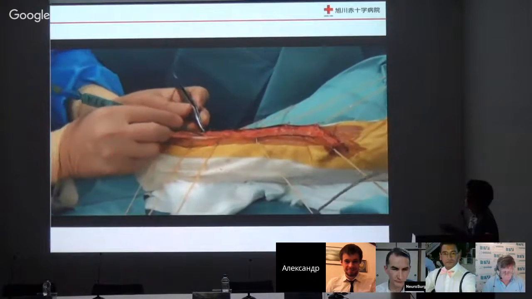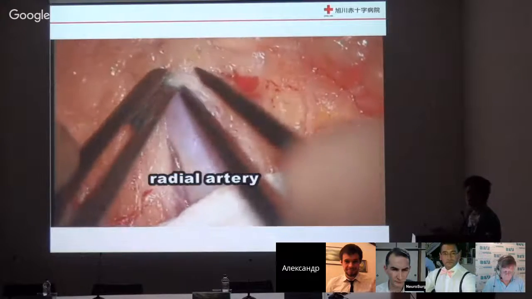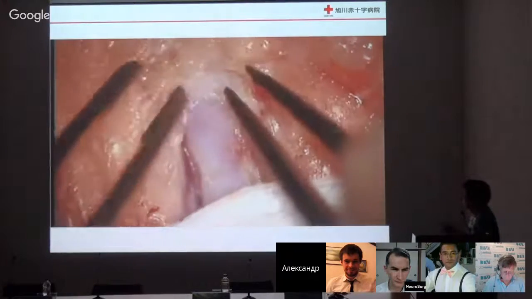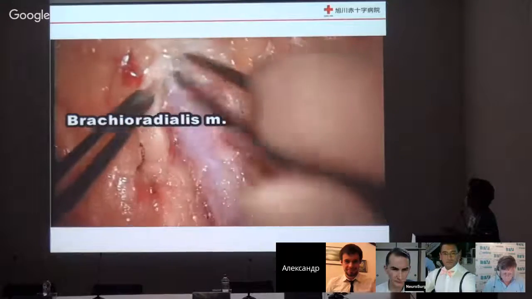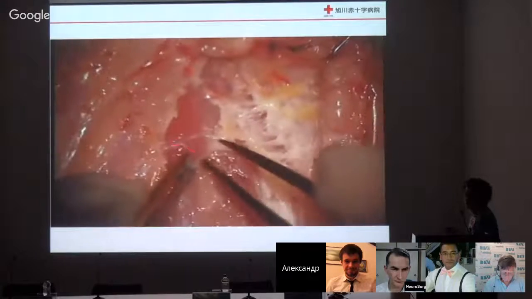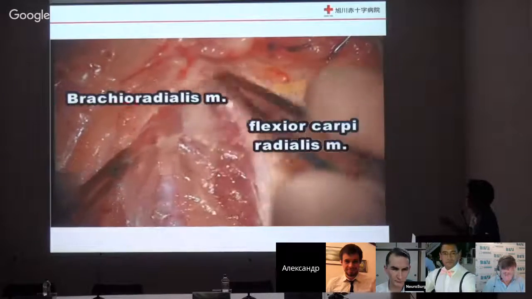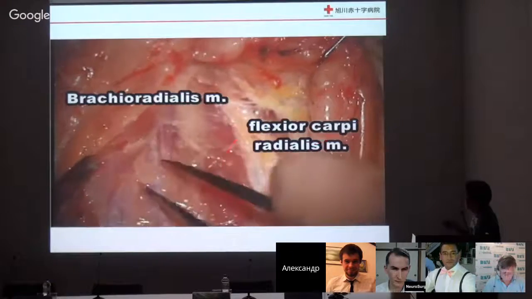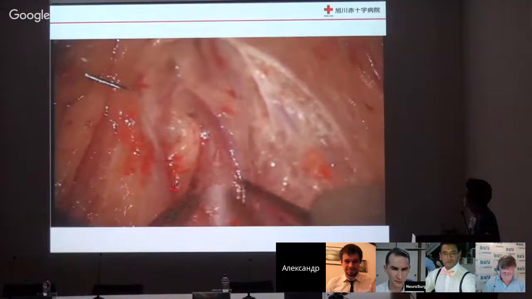Harvesting the radial artery starts at the distal part, because this part runs in the shallow layer, so it is easy to find. This is the radial artery. Also, we use the so-called bipolar coagulation technique. It runs between two muscles, the brachioradialis muscle and the flexor carpi radialis muscle.